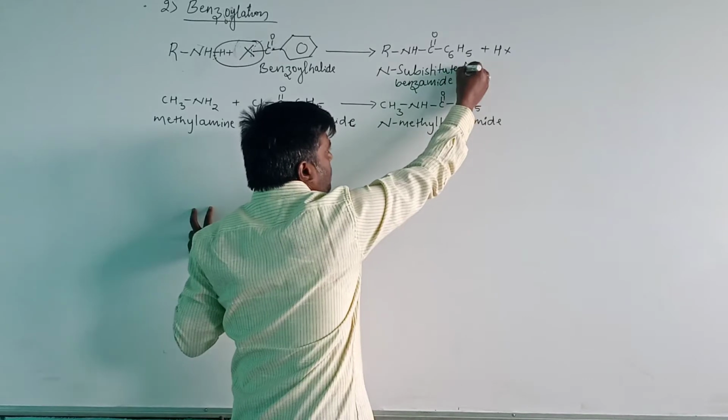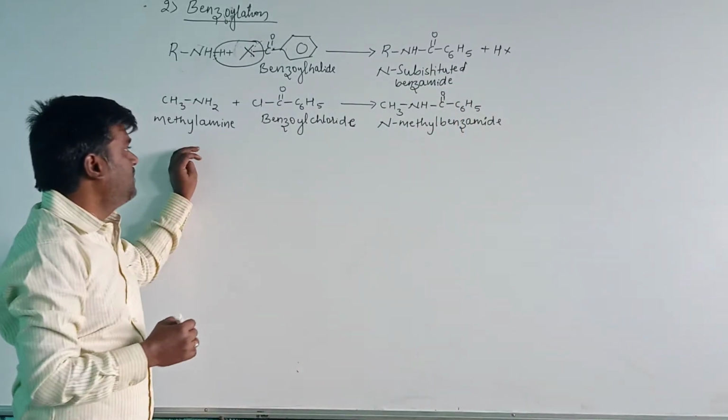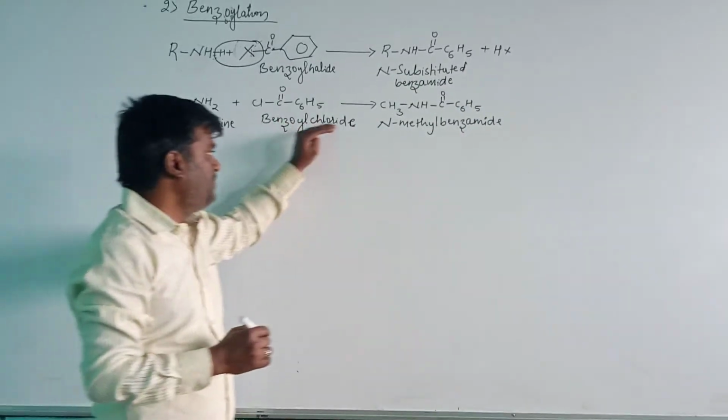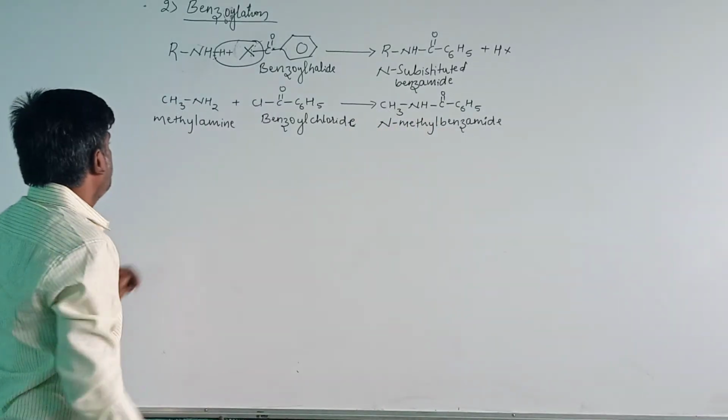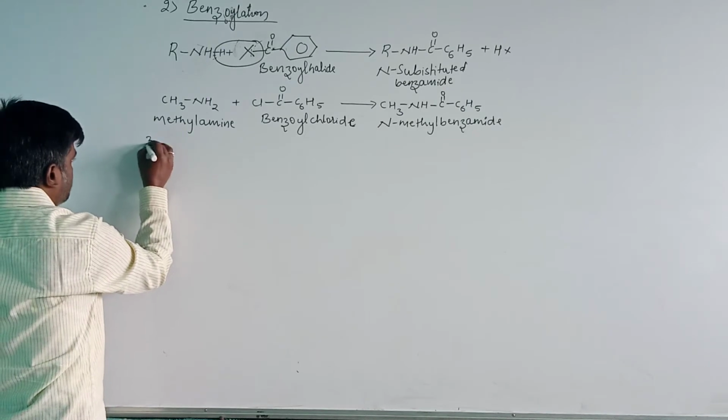We take the example of methylamine reacting with benzoyl chloride, which gives N-methyl benzamide. This is about the second one. Let us see the third reaction.